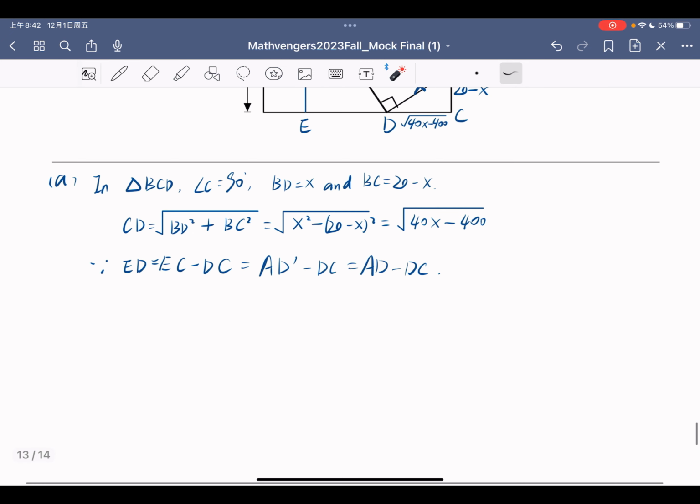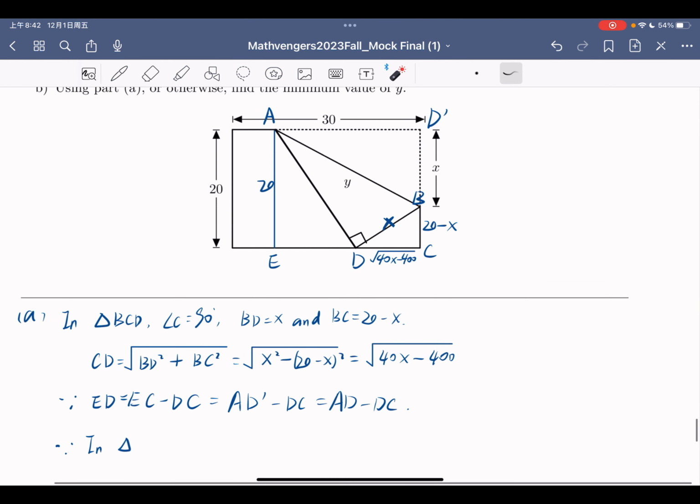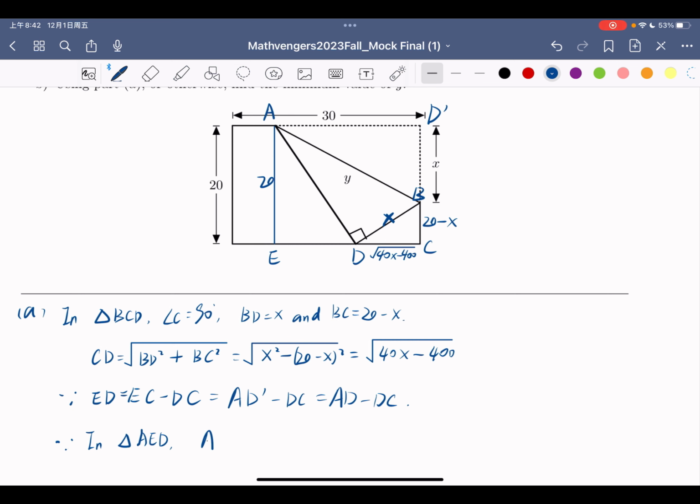Okay, and we use the Pythagorean theorem. We know that in the triangle AED, we have the formula that AD square is equal to AE square plus ED square. And we know ED can be rewritten as AD minus DC, right?